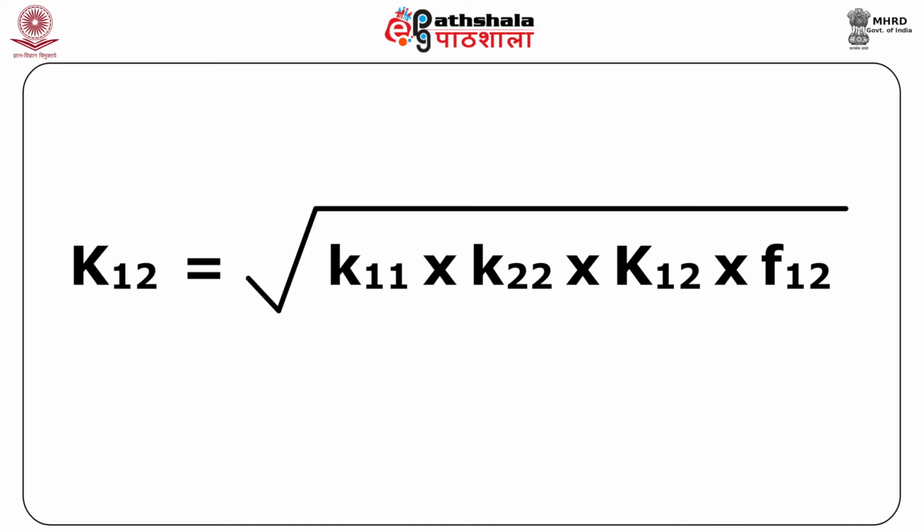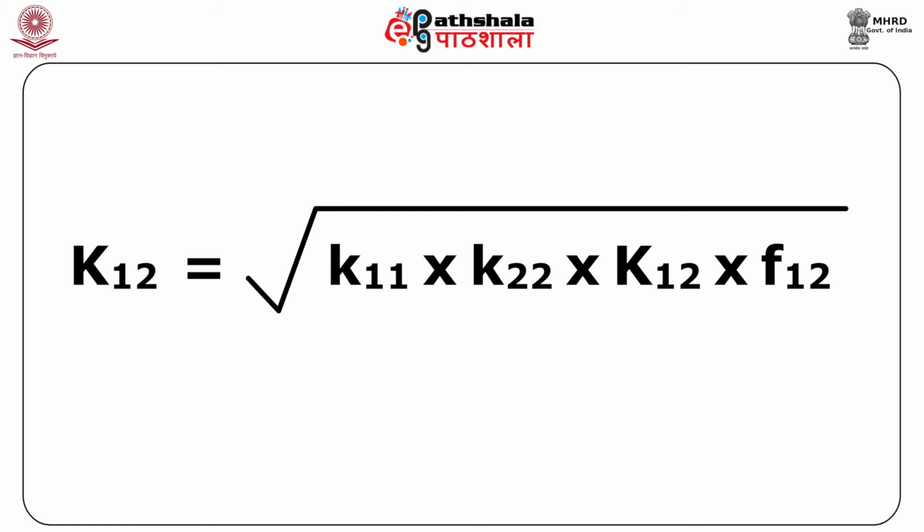So capital K is basically the equilibrium constant. Small k are the rate constants for the self-exchange reaction, and f is the correction term for the free enthalpy differences between two adducts. k11, k22, k12 and capital K12 can be acquired experimentally.